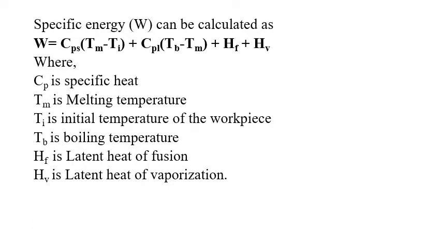The terms are, where Cp is specific heat, Tm is the melting temperature, Ti is the initial temperature of the workpiece, Tb is the boiling temperature, Hf is the latent heat of fusion, and Hv is the latent heat of vaporization.